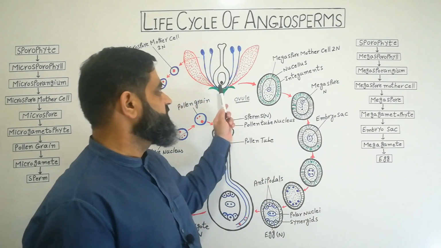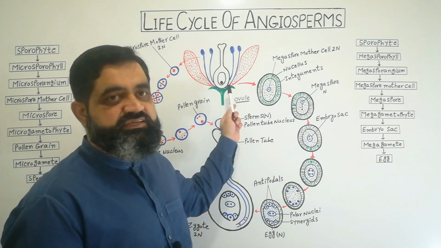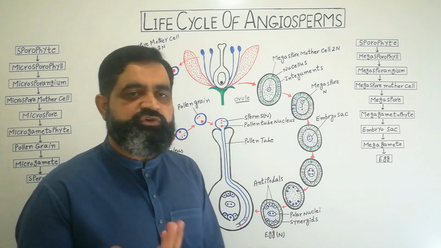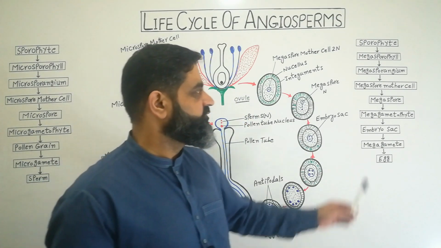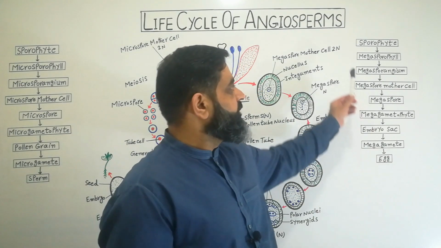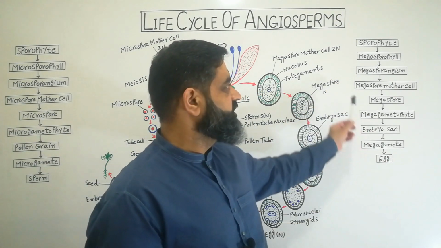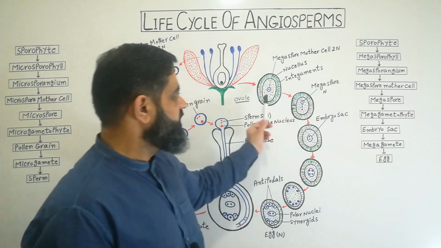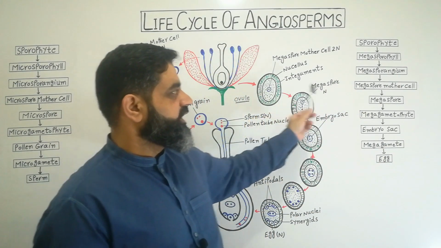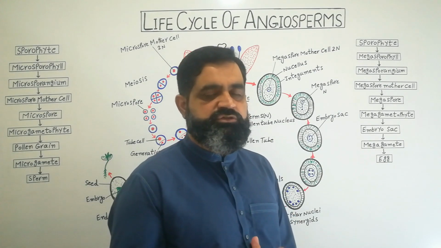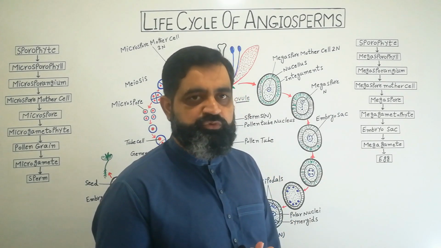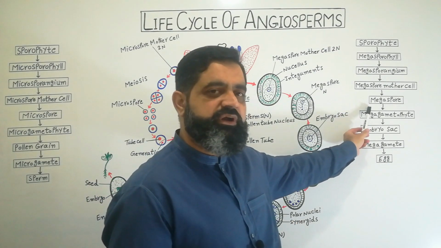So in this case, the gynoecium, which contains the ovary and ovule, is known as the megasporophyll, which has modified. Megasporophyll contains megasporangium. Megasporangium contains the megaspore mother cell, as I already showed you here. The megaspore mother cell undergoes meiosis to produce what? Megaspores. These are megaspores, haploid.